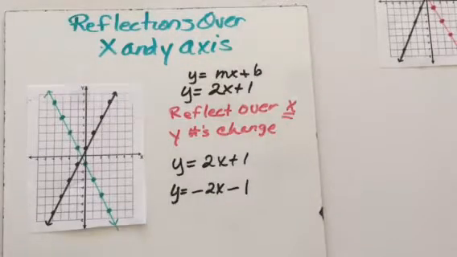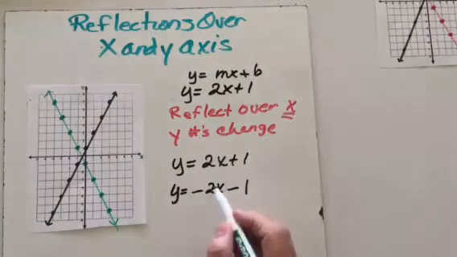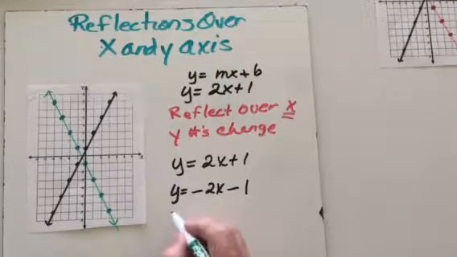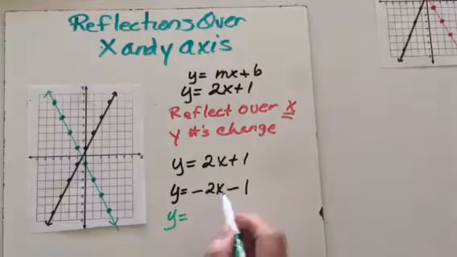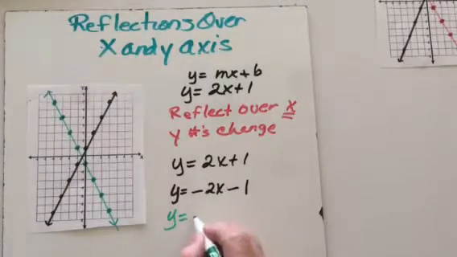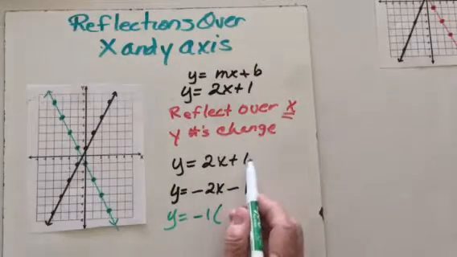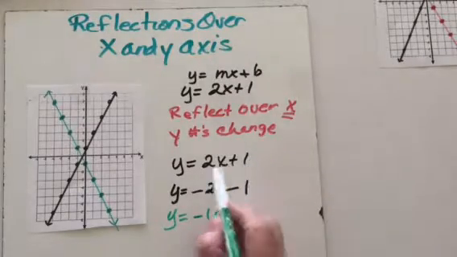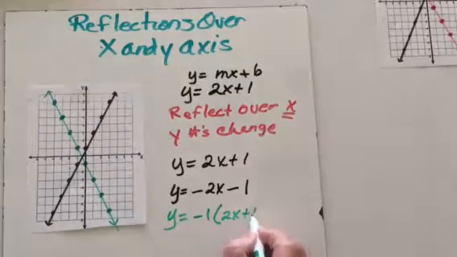Now, I want to show you how we can get to that point, however. When we're showing this, we're going to go like this. Y equals, watch what happens if I put a -1 in front of this whole equation, this whole function, 2x plus 1.